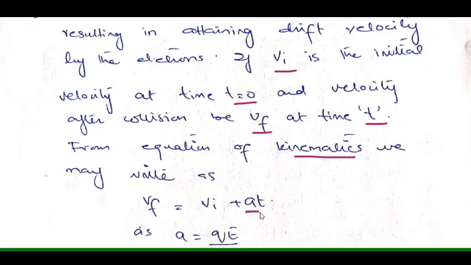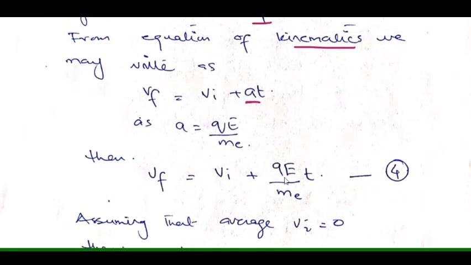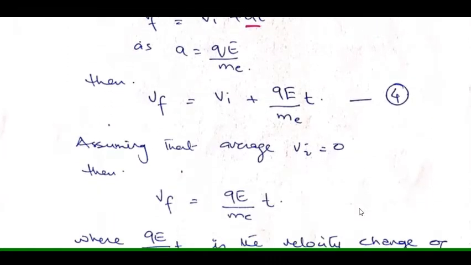We have the value of A from equation number 3, so I replace A and we get Vf is equal to Vi plus QE over Me into t. At t equals 0, we assume that our initial velocity is also 0.